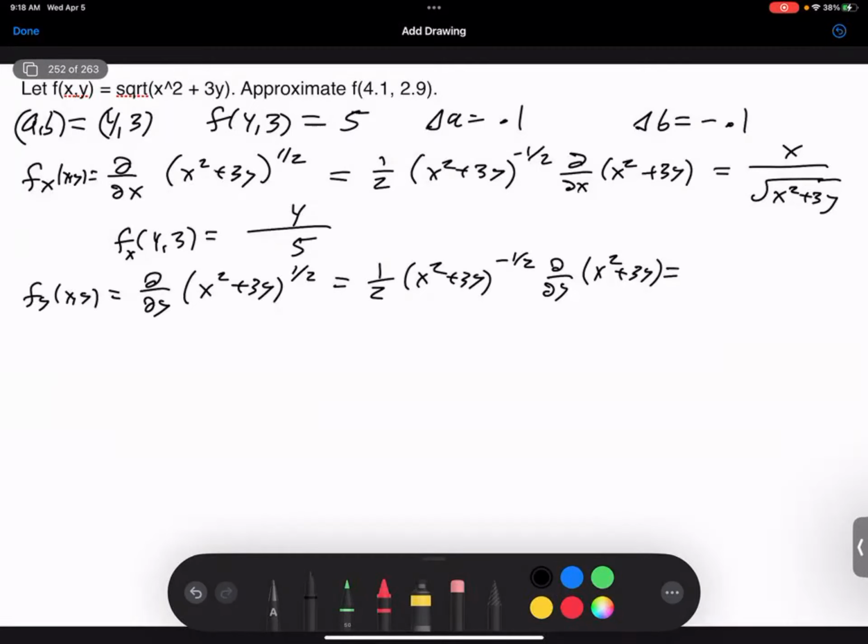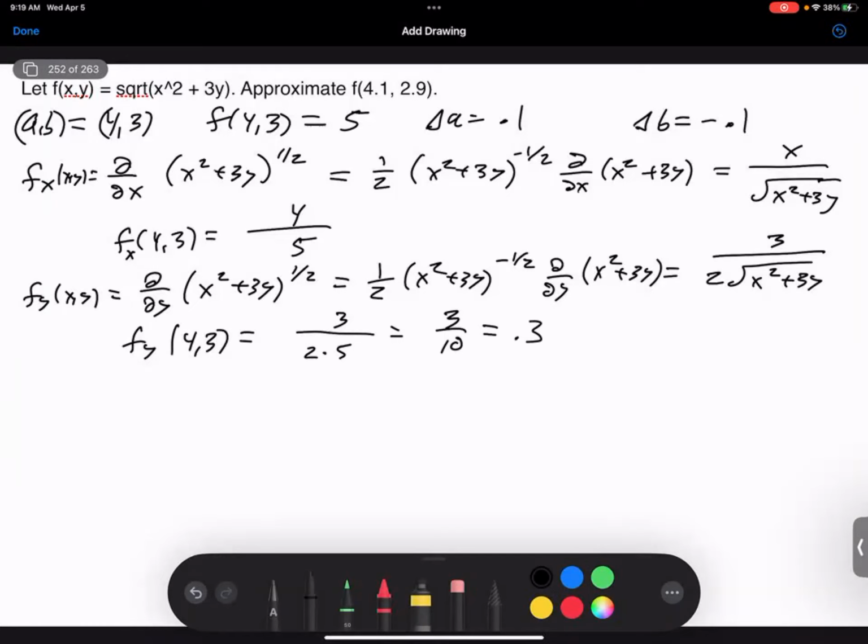So now the 2 is not going to cancel, and I'll be left with 3 over 2 times the square root of x squared plus 3y. And so now if I look at the value of the derivative at the point (4,3) with respect to y, I would get 3 over 2 times 5. So that's 3/10 or 0.3.